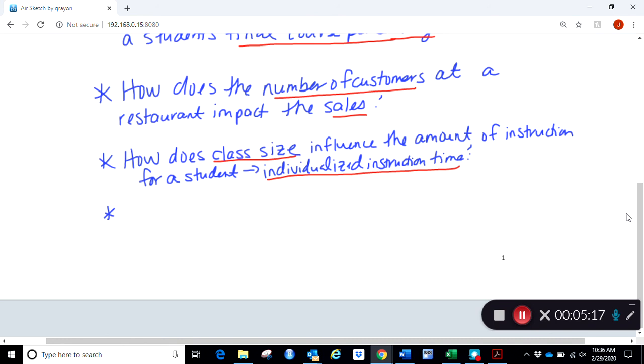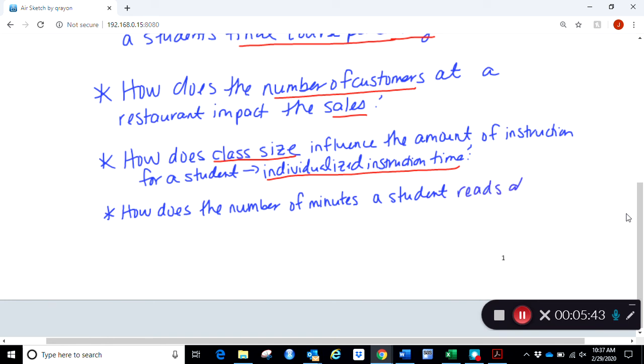A last example here would be looking at the number of minutes a student reads at home. How does that impact their STAR reading score?